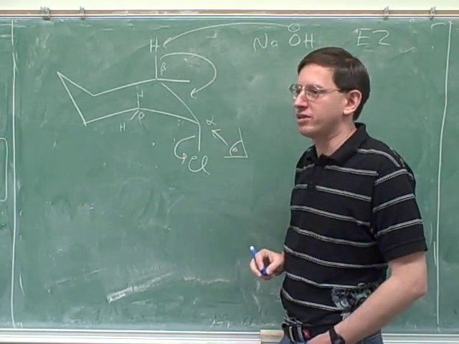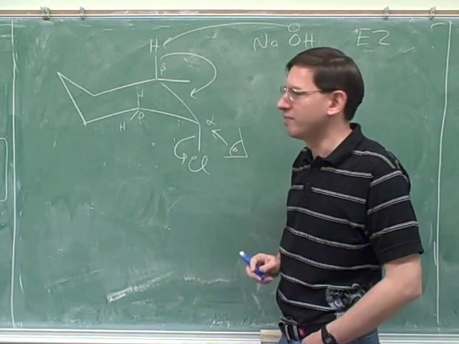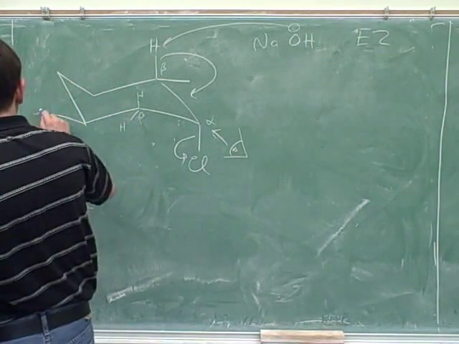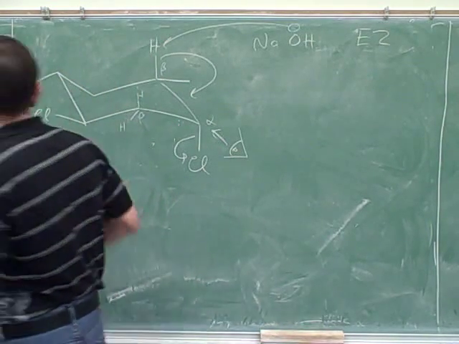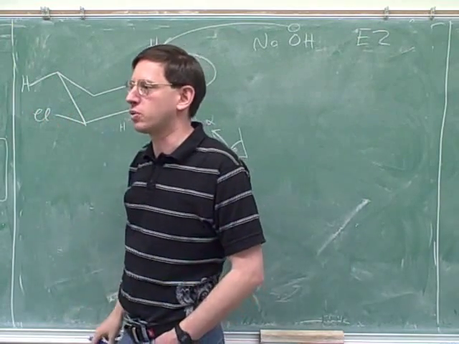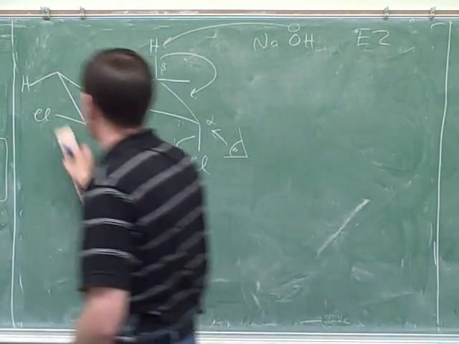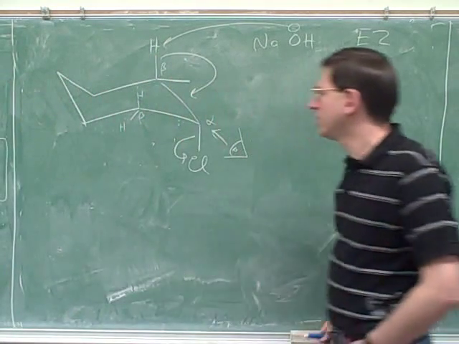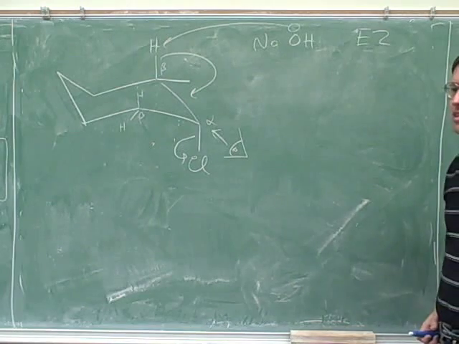If you play around with it a little bit, you'll see that equatorial things are never pointing exactly opposite to each other. Clearly, for example, say these are clearly not anti to each other. So there's no way two things could be equatorial and be anti. All right, so in chair cyclohexane, things can only be anti if they're both axial.